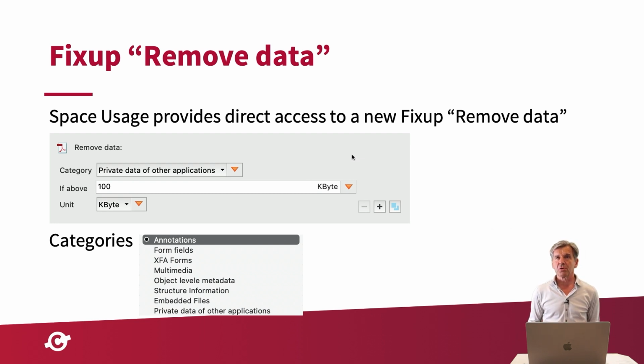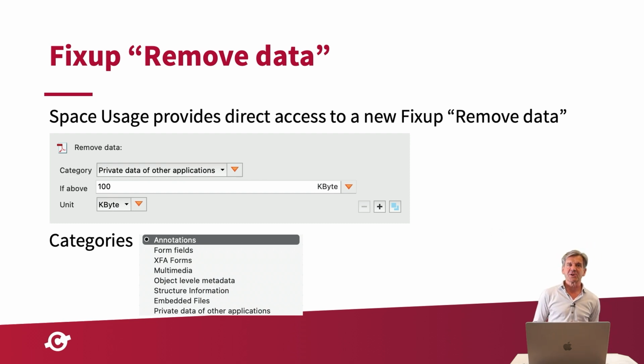fixup, which is called remove data. And that allows you to specify the category that you want to remove. Here we see private data, but there are also other data categories like form fields, XFA forms, multimedia, annotations, object level metadata. I'm not sure whether that is in the product.